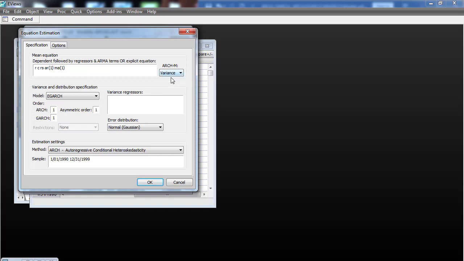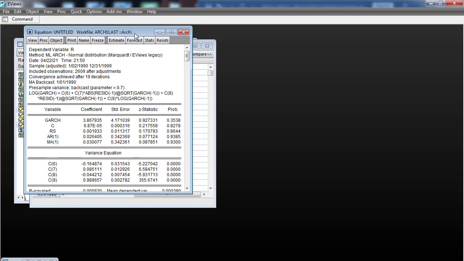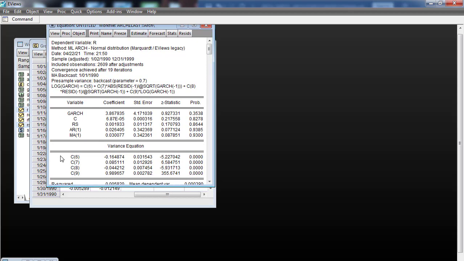As we mentioned, we put variance, and here we leave everything as it is, for EGARCH, and just change the ARCH-M from none to standard deviation, log or variance. We put variance, leave everything as it is, then press OK. Then you can see the outcome here.